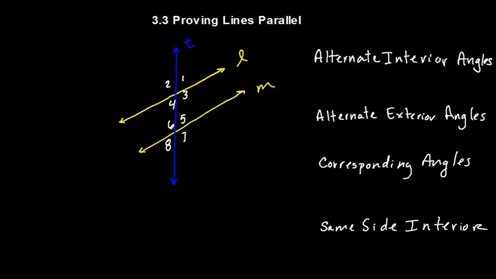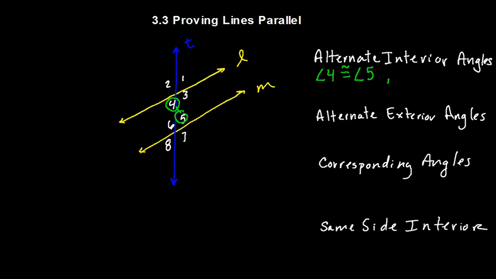We know from 3.2 that angle 4 and 5 are interior and they alternate from the transversal. And from 3.2 we would say that angle 4 equals, or is congruent, and we use a little squiggly line, that means congruent, to angle 5.